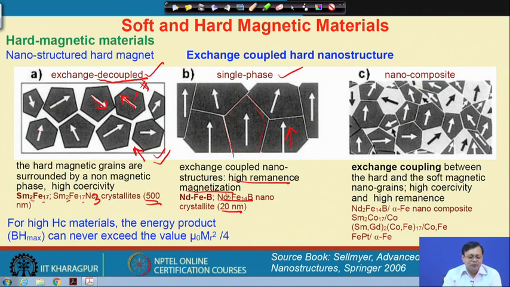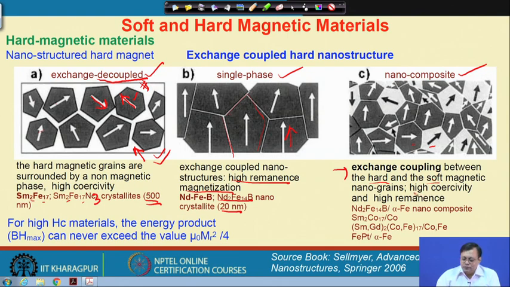Now, we can think about mixing these two types of microstructure, where both the phases will be magnetic. However, one will be relatively harder than the other one. So, we can produce some nanocomposite, meaning I have nanoscale grains, and in the nanoscale grains I have two different grains that have an exchange coupling between relatively harder and relatively softer magnetic nanograins.